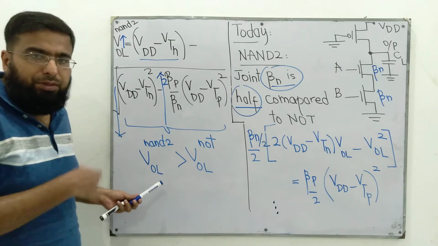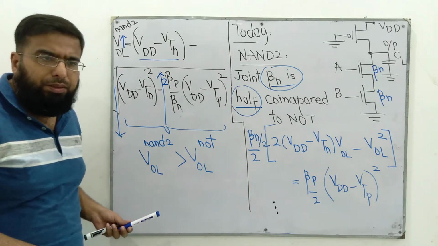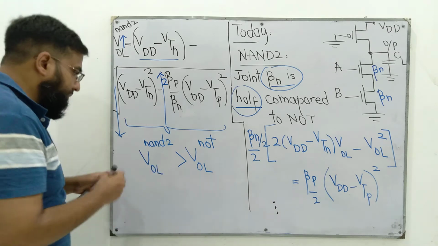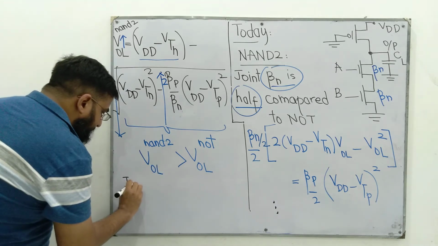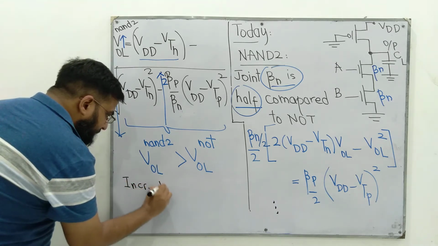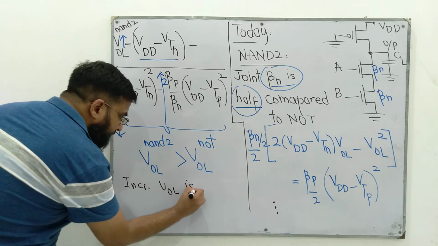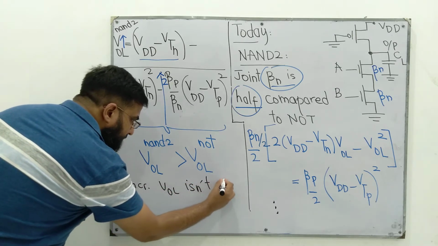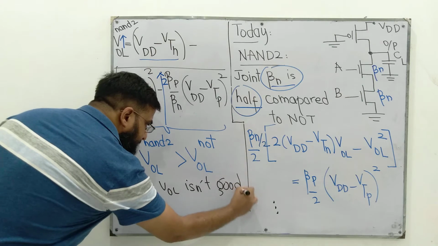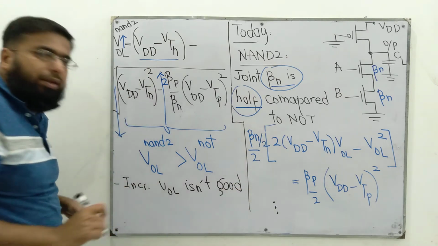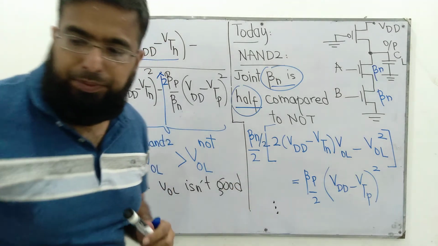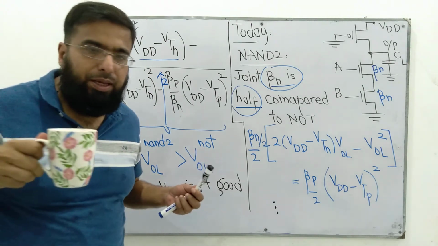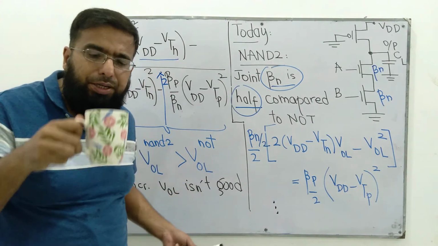Increased VOL is not good. We should have a small VOL, and ideally VOL should be 0. That is the case when we have VOL equal to 0 in case of CMOS.